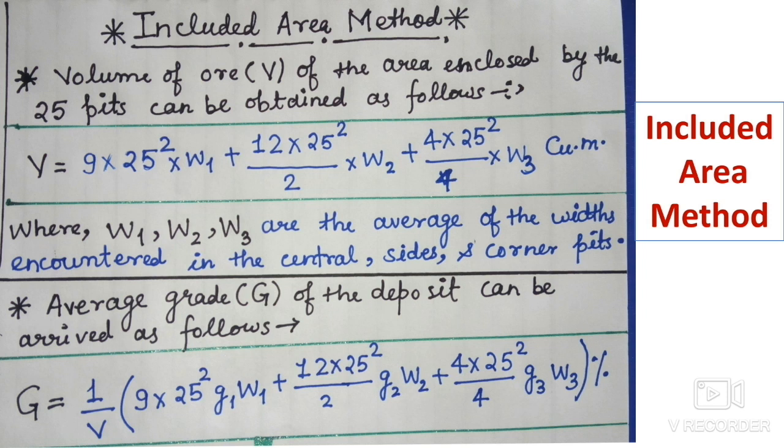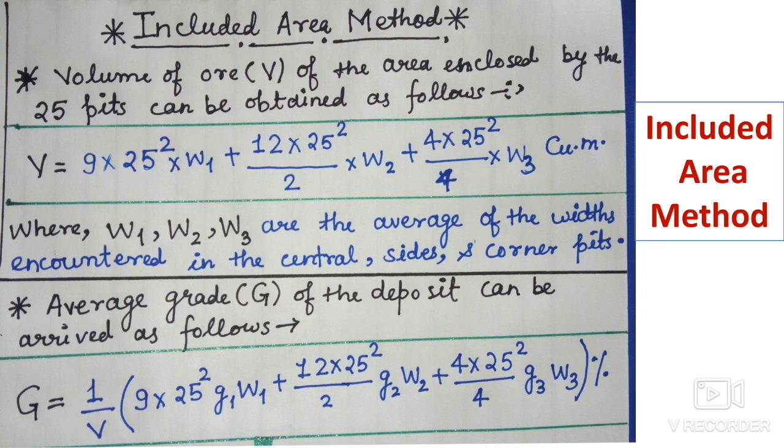Average grade G equals 1 by V multiplied by 9 into 25 square G1 W1 plus 12 into 25 square upon 2 G2 W2 plus 4 into 25 square upon 4 G3 W3, in percentage. That is how we can calculate the average grade of the deposit.